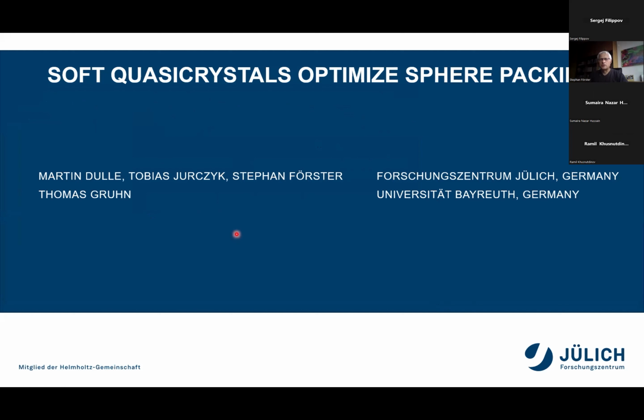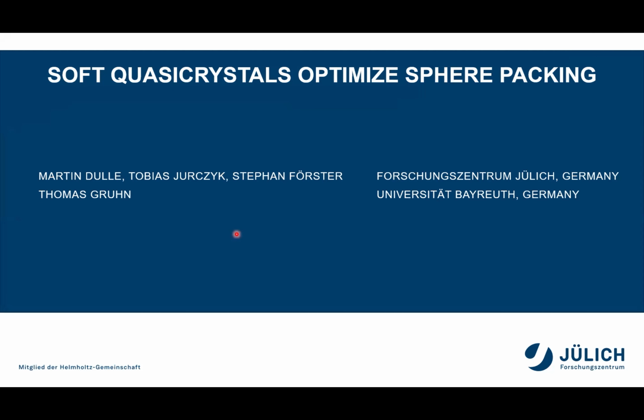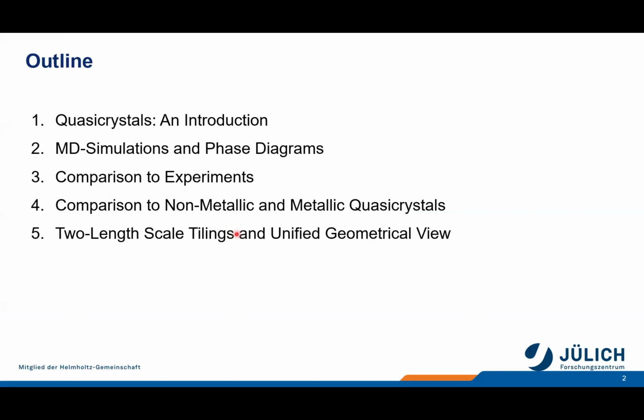All right. So today the talk will be about soft quasicrystals, which are formed by polymers, and I will give a short introduction to quasicrystals, then talk about Monte Carlo and molecular dynamics simulations of very simple non-metallic quasicrystals, then comparison to experiments.